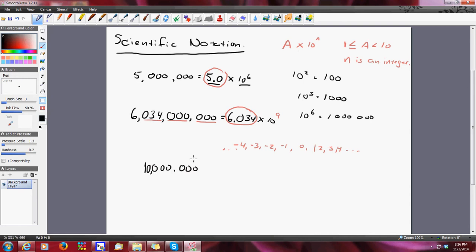If I need to make this a number between 1 and 10, it can equal 1, because this means it's less than or equal to, but it cannot equal 10. So it has to be 1.0 times 10, and now we're going to count. Ready? 1, 2, 3, 4, 5, 6, 7 times 10 to the 7th. And this number is 10 million.